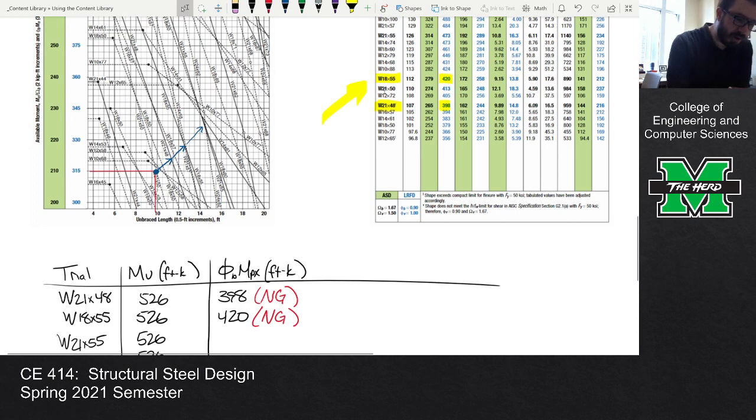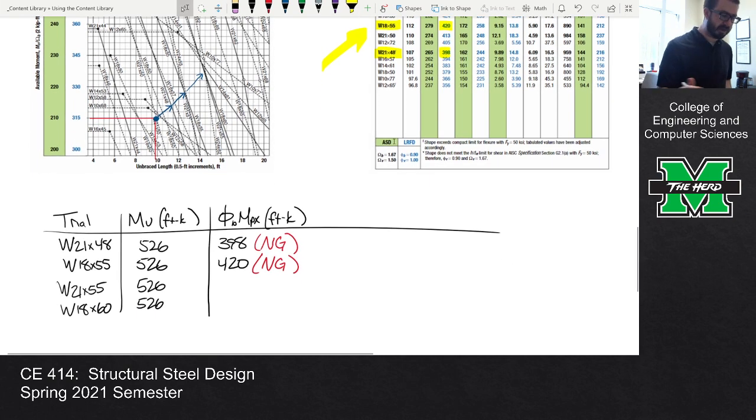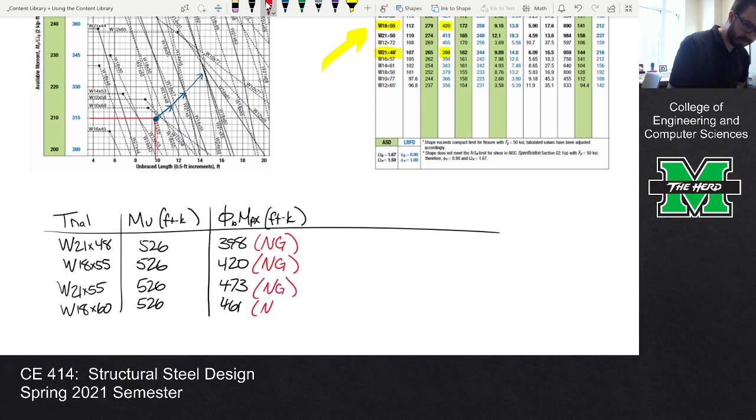The W21 by 55 is bolded, but the W18 by 60 is not. Again, it's possible that you don't find a bolded row. Both of these, unfortunately, are too small, because we've got 473 and 461. Oh, that was a little sloppy.